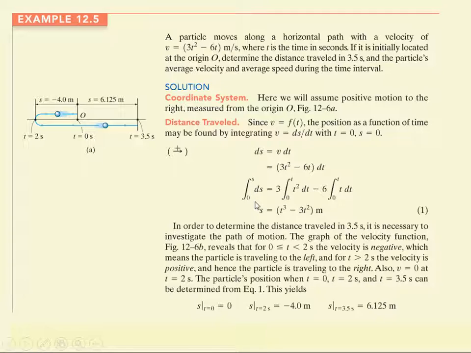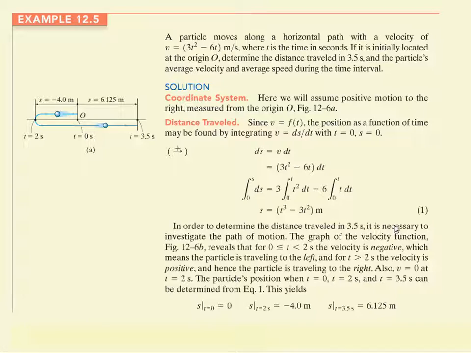On this side, the integral between 0 and s, and on the other side, this would be 3t cubed divided by 3, right? So you get this term. And this other one, 6t, would be 6 times t squared divided by 2. 6 divided by 2 is 3. So you get this integrated here. Do you remember from your calculus class how to do that?